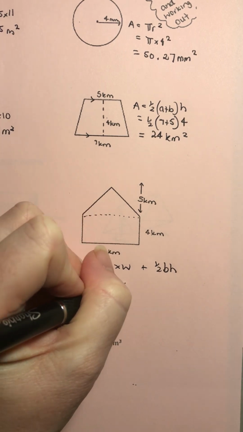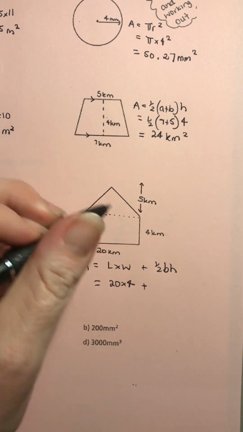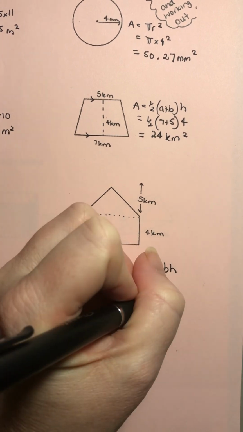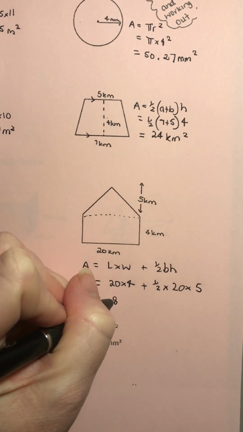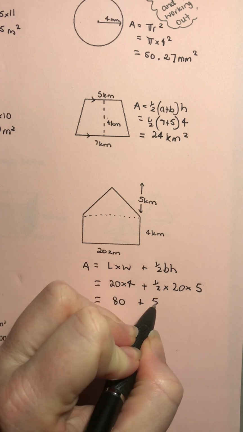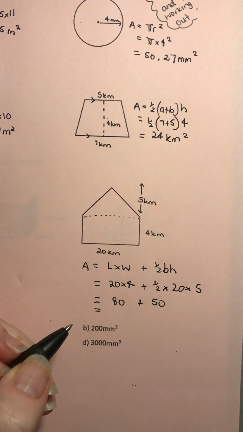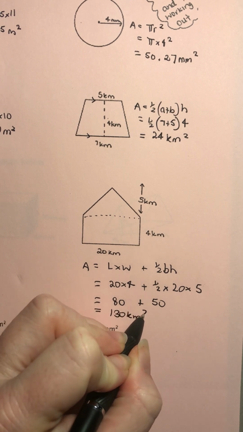So we've got 20 times 40, and then we've got half times 20 times 5 for the triangle. So we've got 80 plus, now my 20 times 5 is 100 and a half of 100 is 50. So I get 80 plus 50 is 130 kilometres squared.